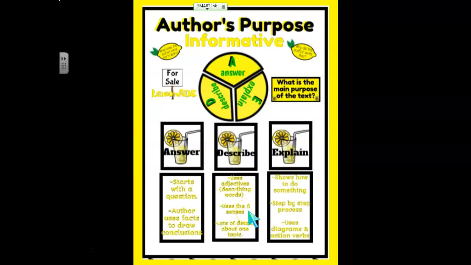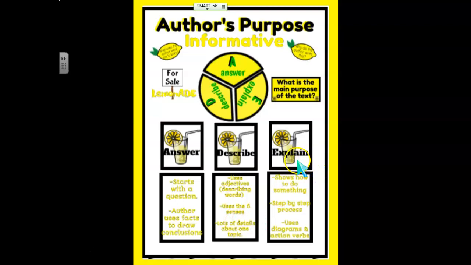This type of writing will use the 5 senses. So you will be able to describe the way things look, smell, taste, the way they feel. All right, maybe what they sound like. There will be lots of details about that one topic if the author is describing.